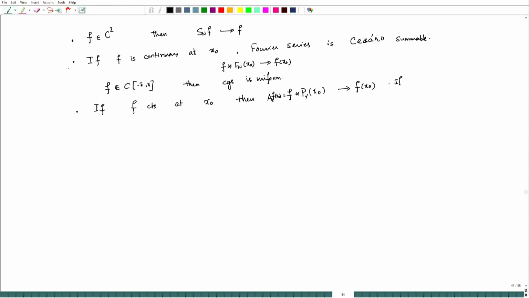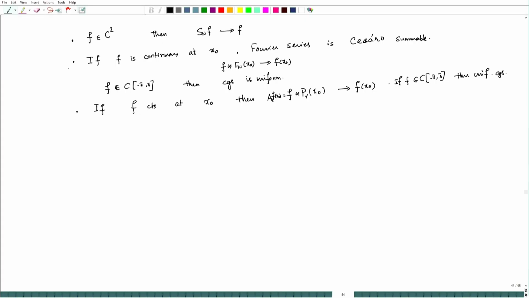If f belongs to C of minus pi to pi, then we have uniform convergence. So, this is what we had observed about the convergence of the Fourier series. We do not know whether this is going to converge or diverge for any continuous function. However, what we know is that for a continuous function, the Fourier series converges in some other way, like it is Cesaro summable as well as Abel summable.